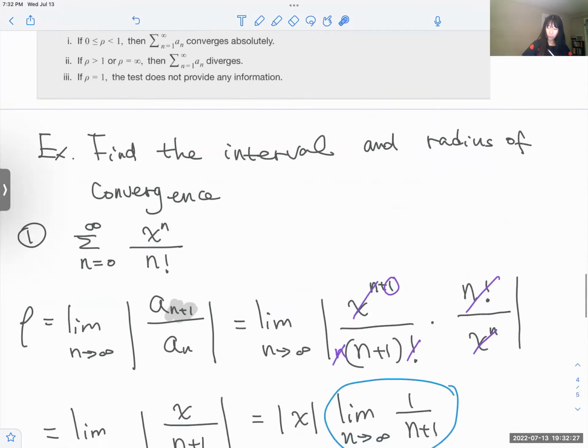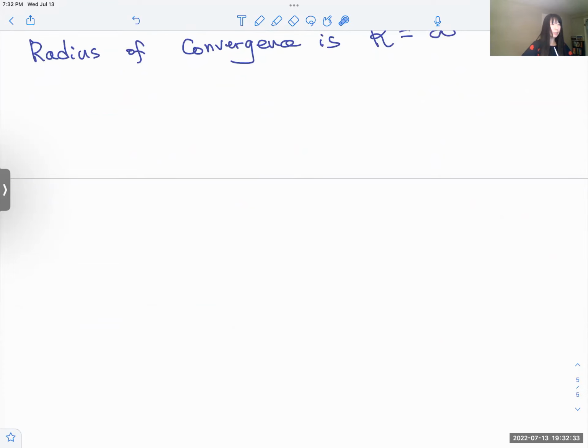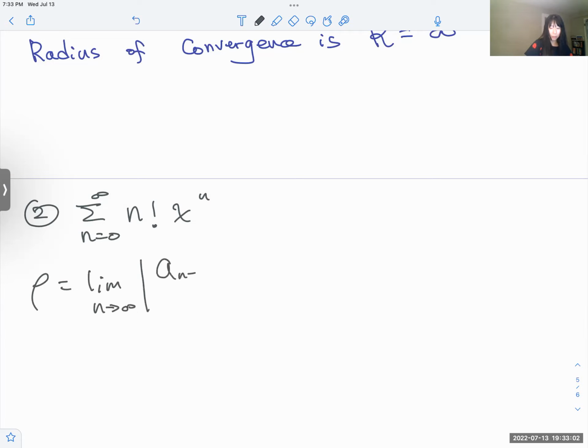All right. Second question we got. The summation from n equals 0 to infinity of n factorial x to the n. All right, so look, rho equals the limit as n approaches positive infinity of a sub n plus 1 over a sub n. So we're going to plug in n for a sub n.